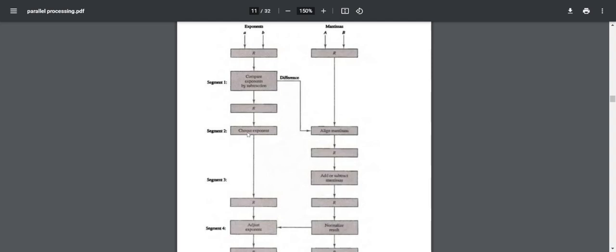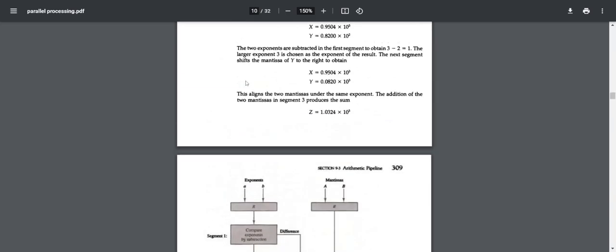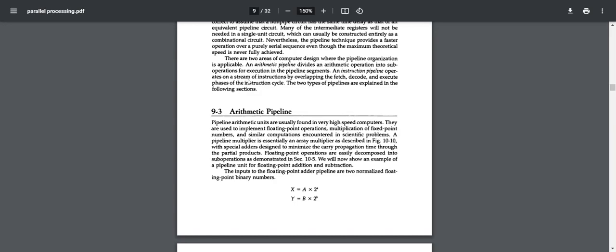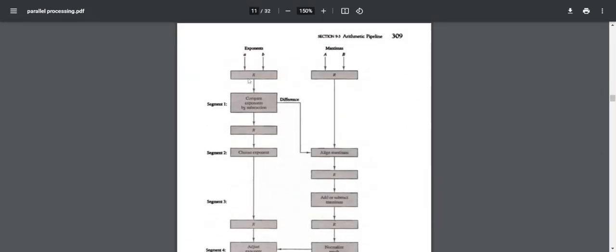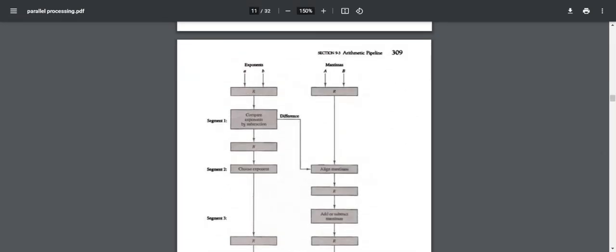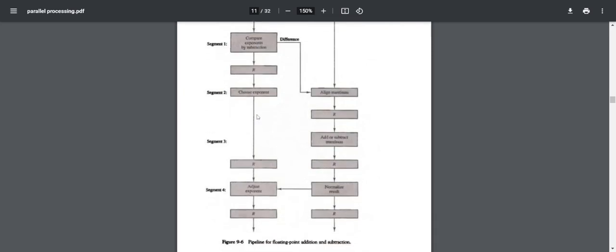Two instructions are simultaneously being executed in the processor. Instruction 1, that is A plus B, is being executed in segment 2, and instruction 2, that is C plus D, is being executed in segment 1 in the same clock cycle parallelly. And that is the idea of arithmetic pipelining, where you try to execute two or more different arithmetic instructions simultaneously in different segments of the arithmetic and logic unit.